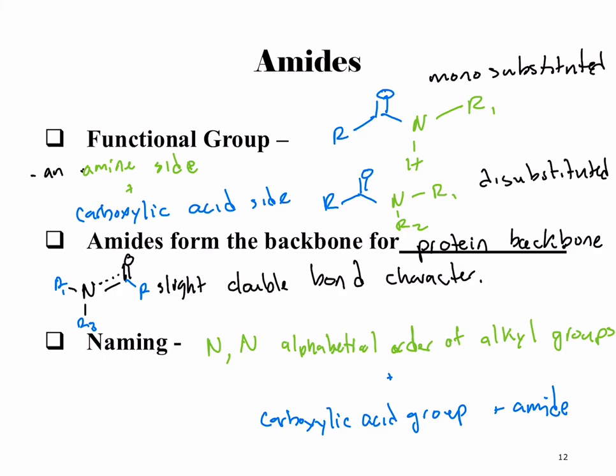If there's only one group on the amide, you don't have to put NN, right?